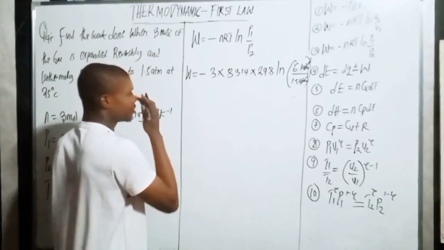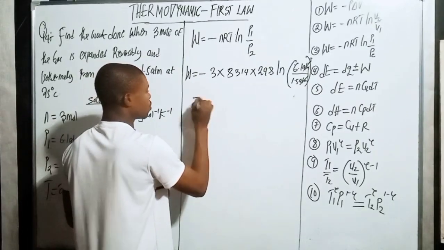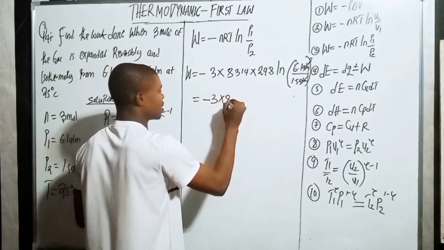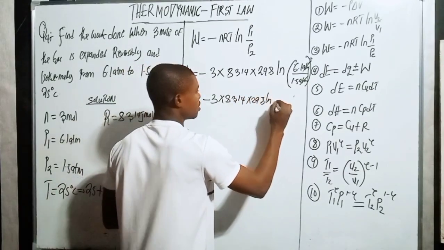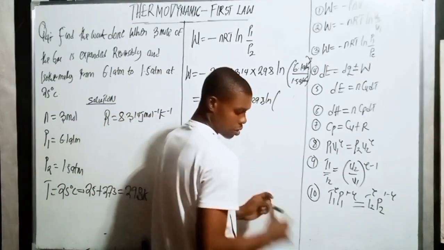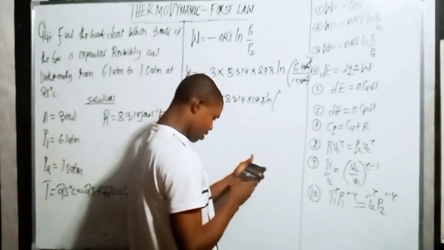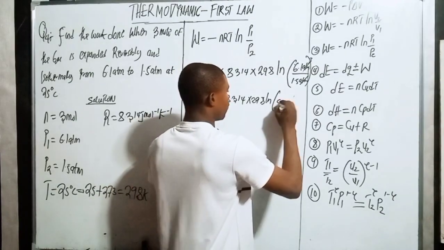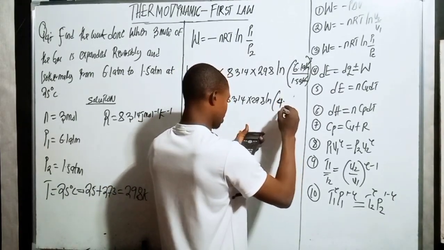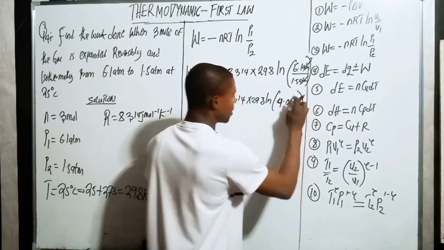So what do I have here? It's going to be equals to minus 3 times 8.314 times 298 ln of 6.1 divided by 1.5. Here we have 4.067, right?